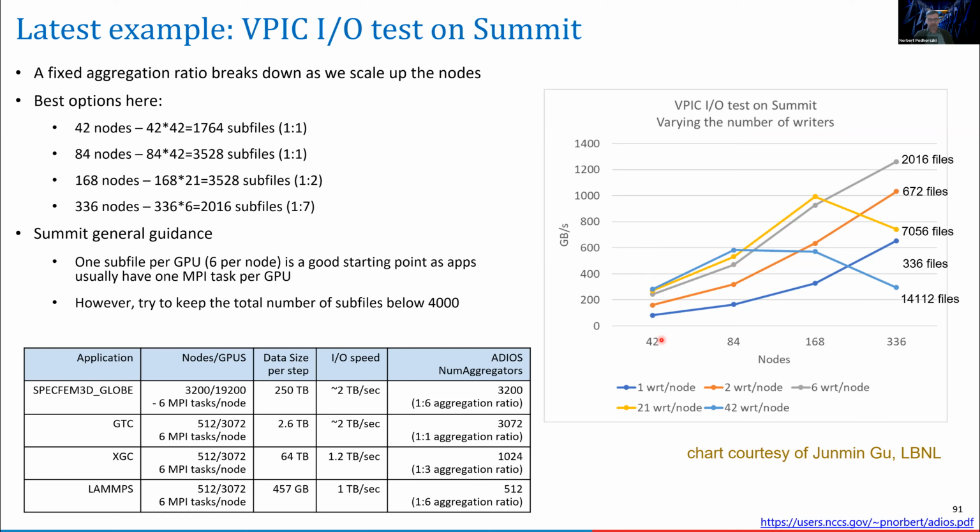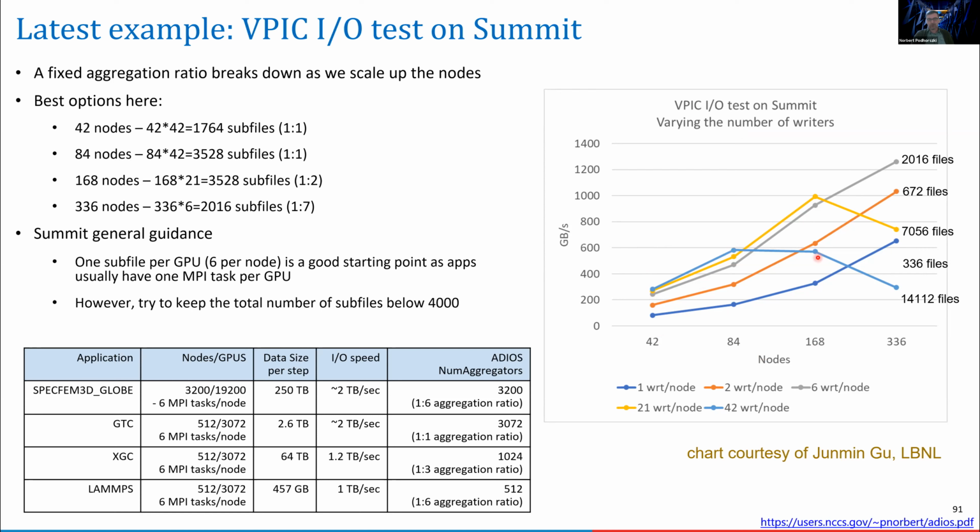And you can see as the number of nodes, as the application grows, it's a different setup which is the best. The blue one is when every process opens a separate file and writes a file. So here we have 42 output files, here we have 84 output files. We can get to about 600 gigabytes a second on 84 nodes.